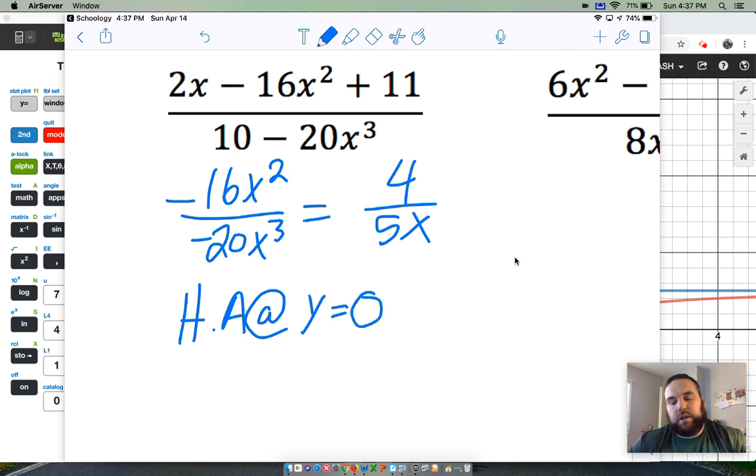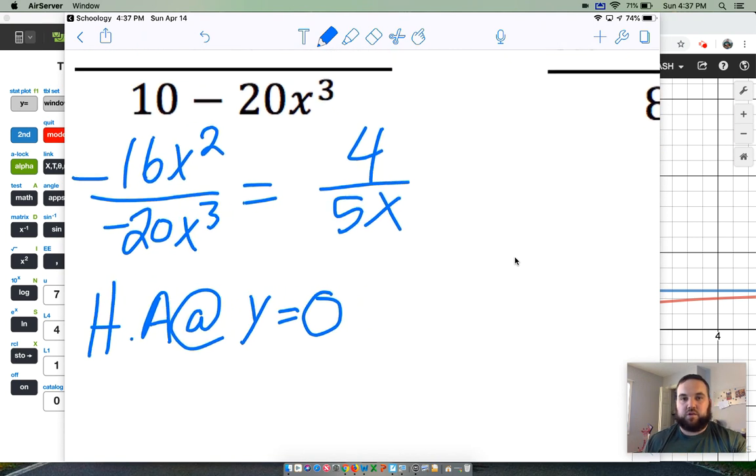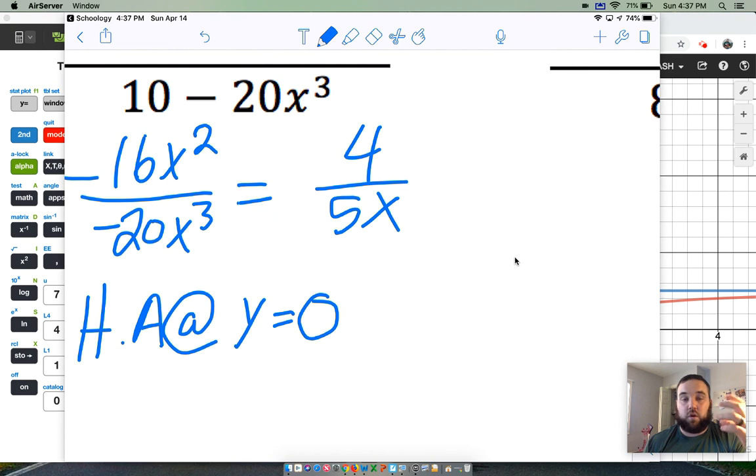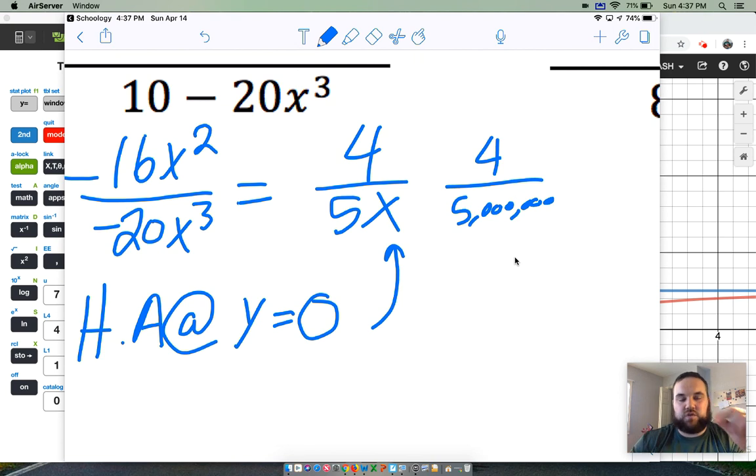In a nutshell, the reason is, if you pick a very large x value, let's say 1,000 or 1,000,000, and you plug in that x value, let's say you had 4 divided by 5,000,000, that is such a small number that it is so close to 0, just above 0.